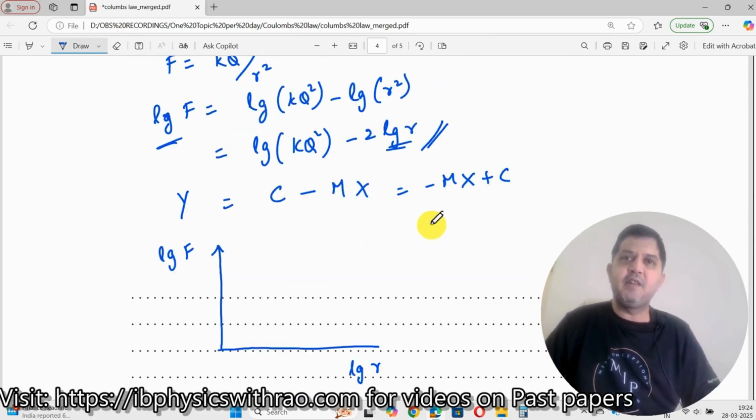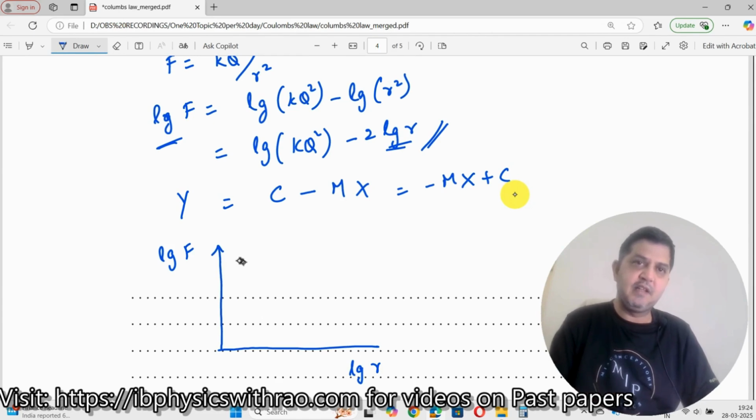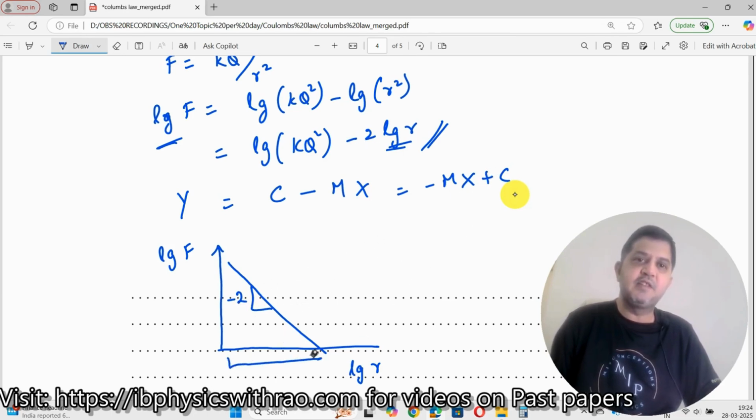And what kind of graph will I get? I will get a graph which has a negative slope and will also have an intercept like this. This slope would be equal to minus 2, which means m is nothing but minus 2 over here. And this value is c, and c will be equal to log of k q square.